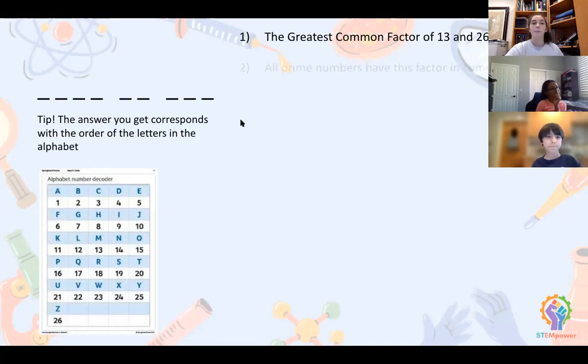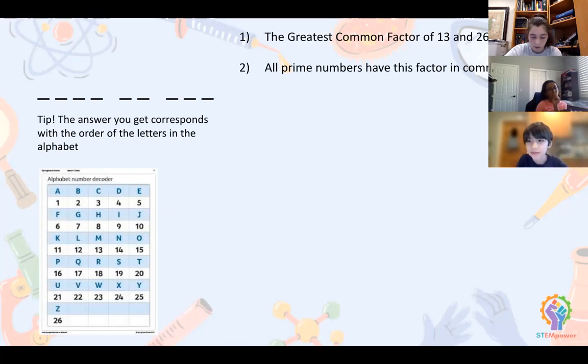M. And then all prime numbers have this factor in common. 1. Yeah, 1 or 0. Oh, themselves. No. Yeah. So 1 exactly. Yeah, it's only 1. The one is A. Yeah. So far we have M and A. I think that word might be math.